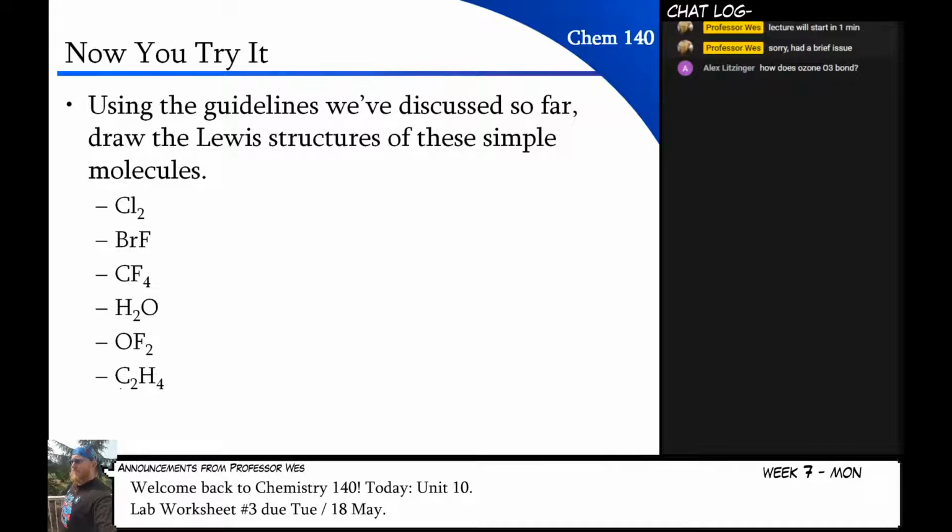Remember, you can't have any unpaired electrons hanging out. You've got to bond all the unpaired electrons. The paired ones that become non-bonding, they just sit there. Leave them be. Okay? But what I want you to do is draw out all the Lewis symbols first. So, for example, for Cl2, draw the correct Lewis symbol based on the number of valence electrons it should have. And then try and figure out a way to connect the dots, and then draw the correct Lewis structure. Do that for all 6 of these, and we'll go over the answers in about 5 minutes. Okay? Good luck. We're all counting on you.